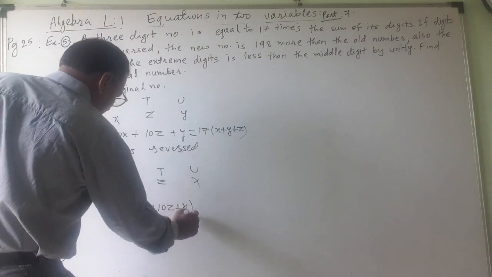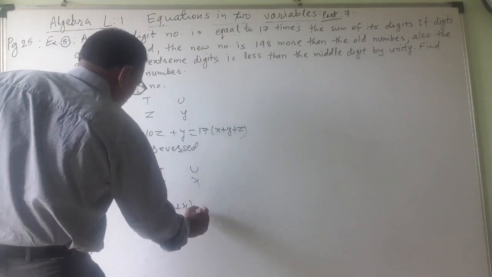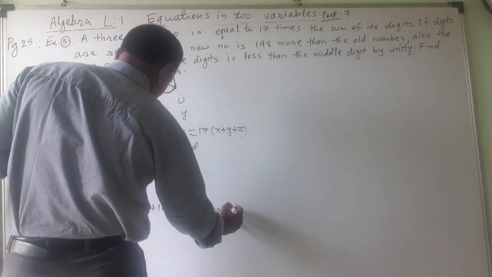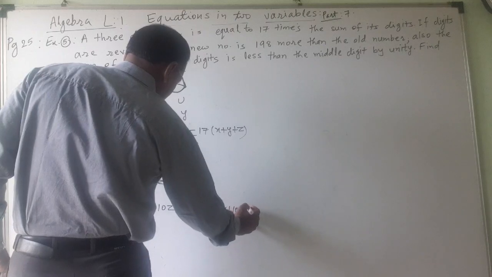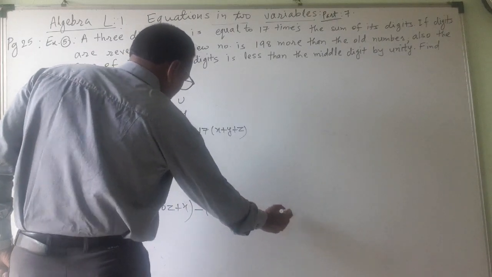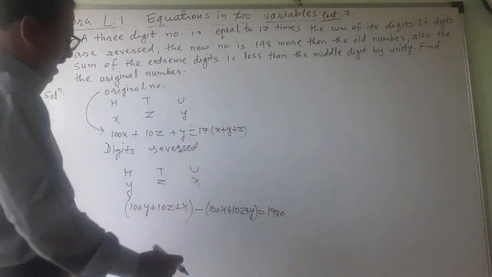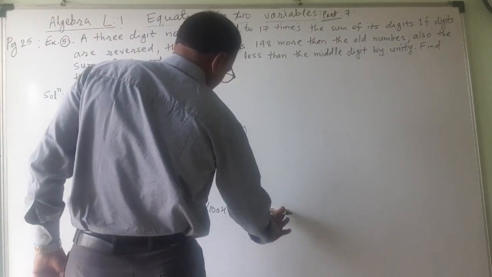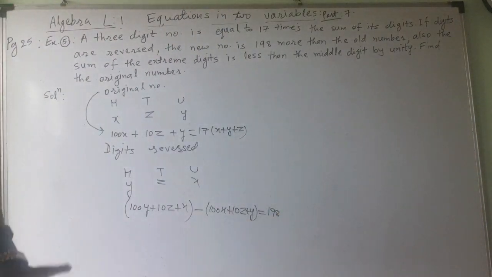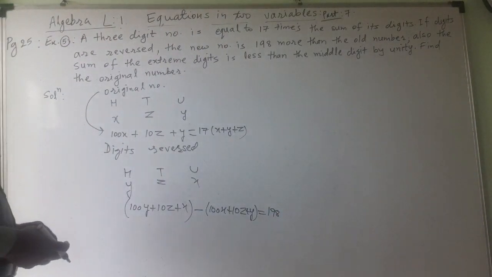So I will subtract the old number from this. What is the old number? 100x plus 10z plus y, and this difference is 198. Always see it as the difference between greater and smaller, then every sum will become very easy.